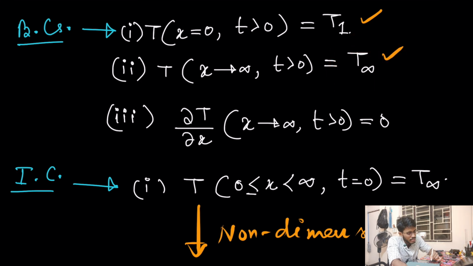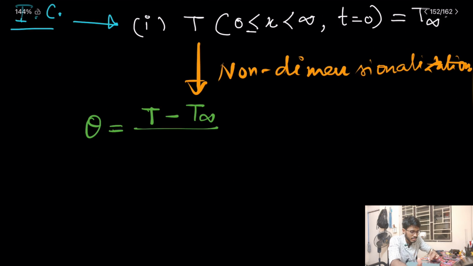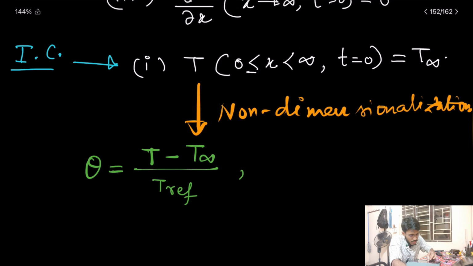Now you can argue that if I take T minus T1, then I will get this boundary condition equal to 0. So you can try that also, but here I am taking T minus T infinity by T ref. But you can also try taking T minus T1 by T ref, and you should explore these things.